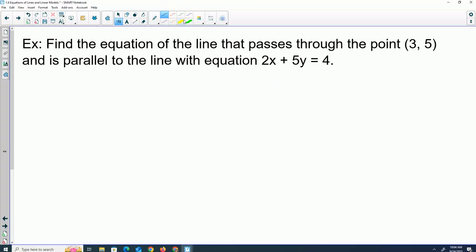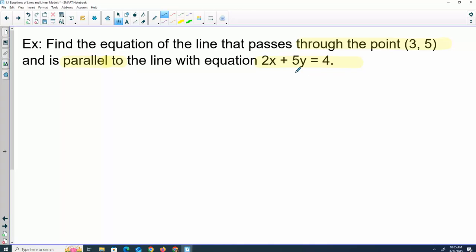So if I want the equation of the line going through the point 3,5 and parallel to 2x plus 5y equals 4. To write the equation of the line, you have to have a point and a slope. If it's parallel, I know the slopes are the same. So first I have to find the slope of this line.